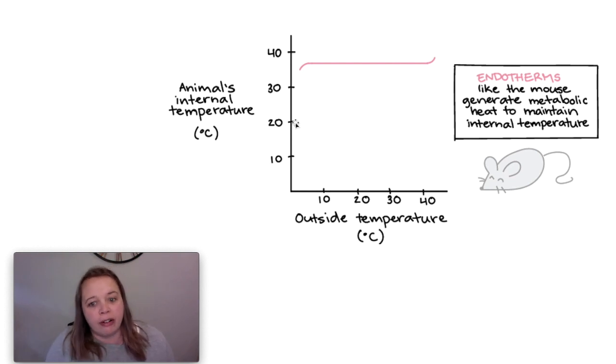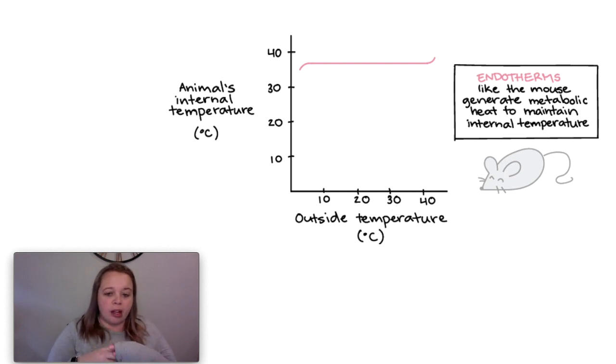If it gets very, very hot or very, very cold, we have to worry about it. But when it's about 20 degrees outside, or at the moment it might be closer to 10, you'll go up here and you'll see that the body temperature of this mouse or this human is going to be about the same. It's going to be about 37 degrees if you're a human. Same as if it's 30 degrees, you come up and you can see the temperature is still 37 degrees.